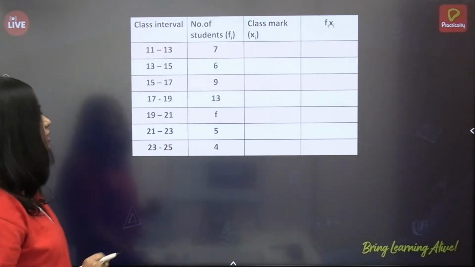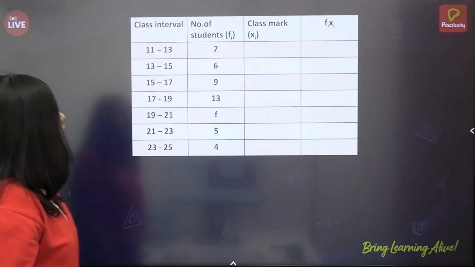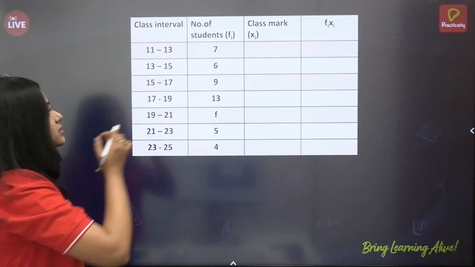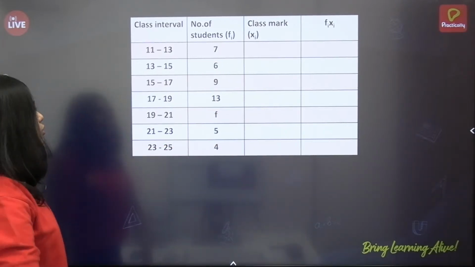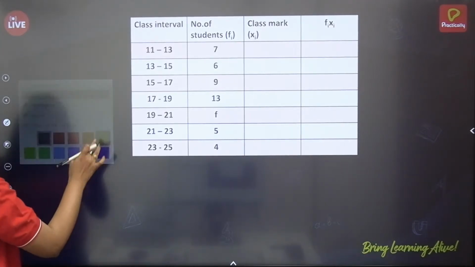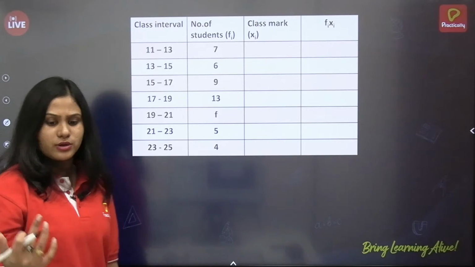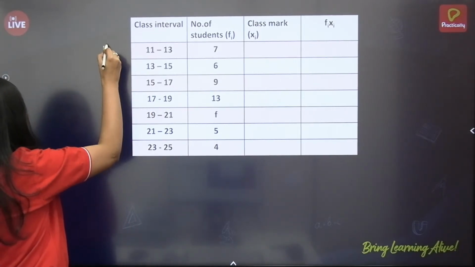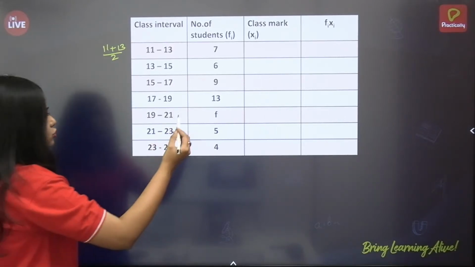So let us draw the table. Table is ready here. This is the class interval, this is the number of students, that is fi, and this is the class mark xi. What is the formula for class mark? Upper class limit plus lower class limit by 2. So here, 11 plus 13 by 2, 24 by 2, 12.